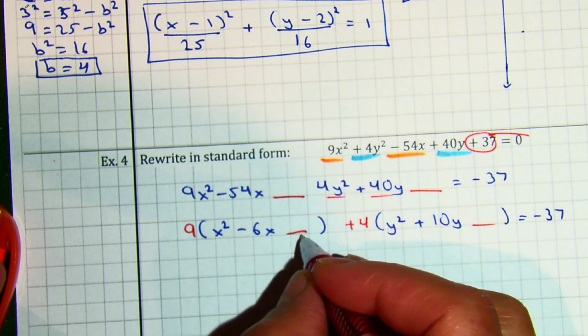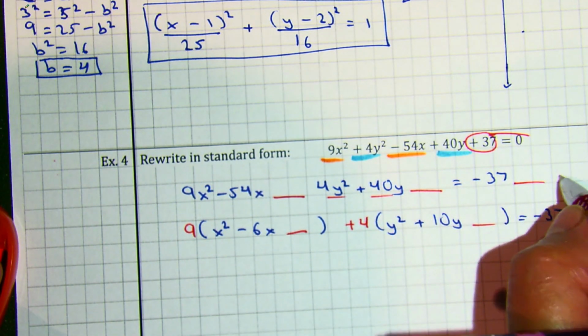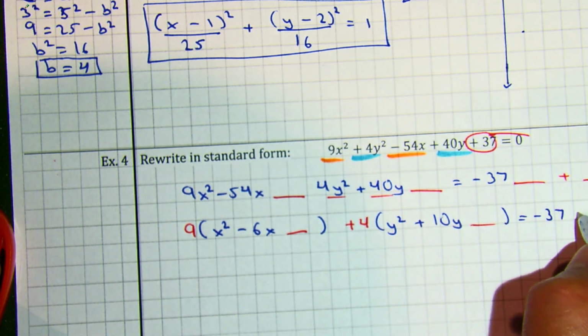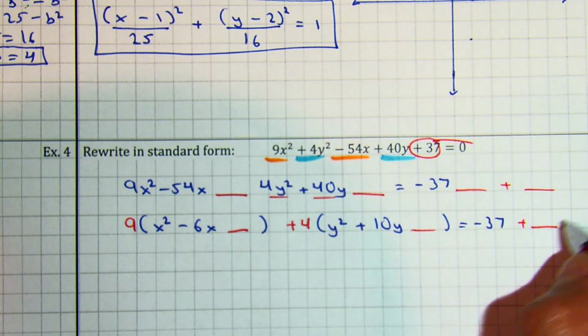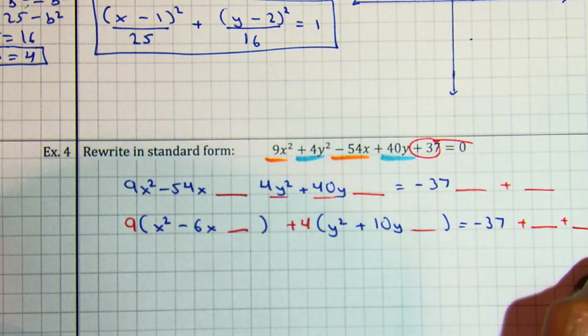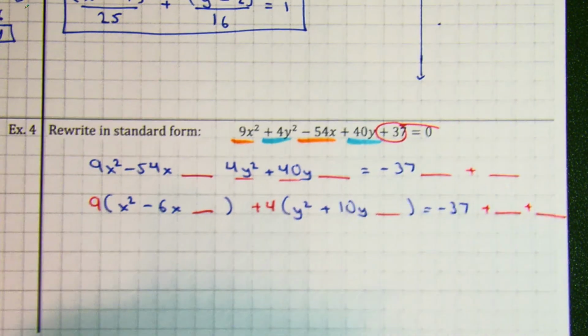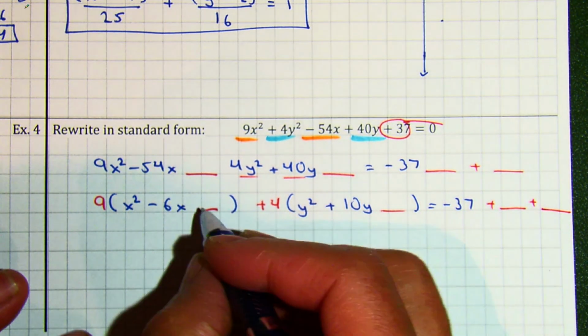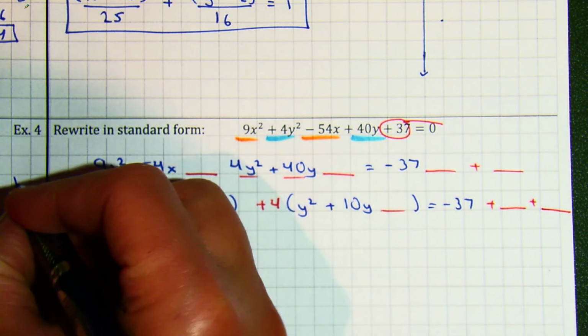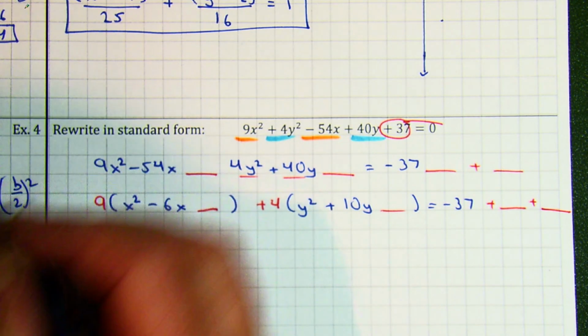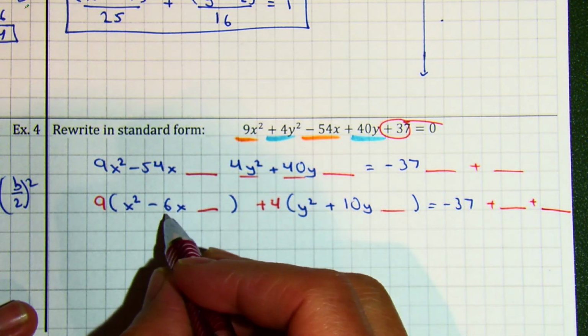What I add on one side, I need to do to the other side. That's for the first one. And this is for the second one. And what number goes in here? Remember, your formula for completing the square is b divided by 2, and then we square it. What's half of negative 6?